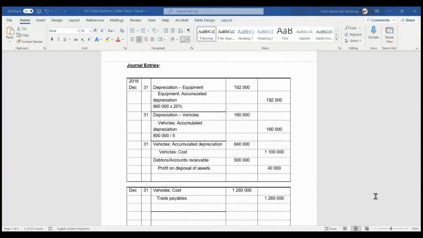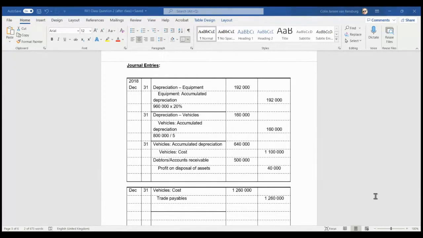Remember the opening balance on our accumulated depreciation account for vehicles was 640,000 at the beginning of the year, right? But then here you can see that journal entry, the second one, on the 31st of December, we credited it. Remember that 640,000 is a credit balance, right?